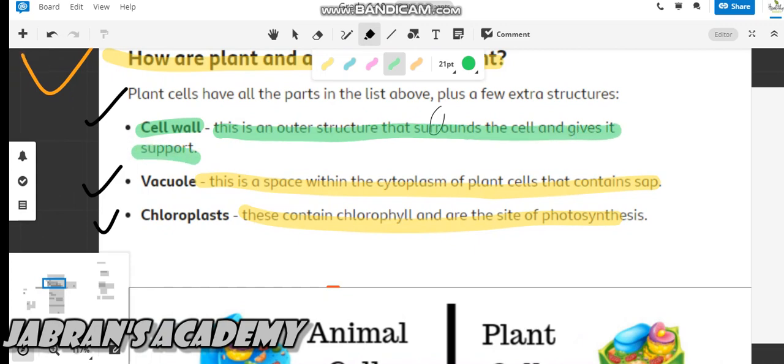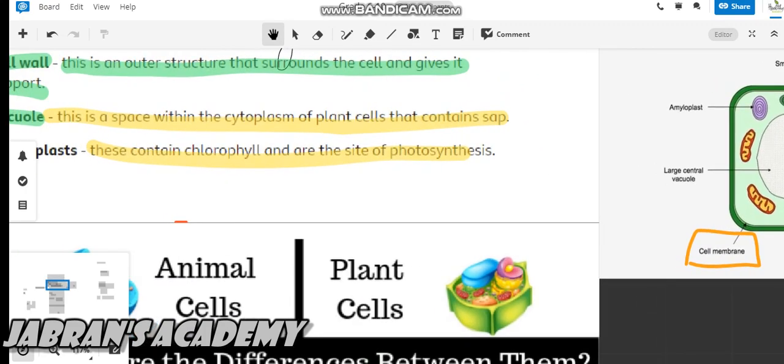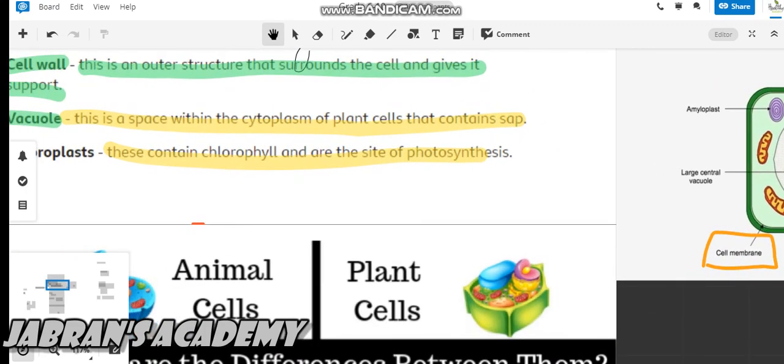Now we have to discuss the next thing that is present in the plant cell but not in the animal cell. What is that? That is the vacuole. Now we have to discuss what the function of the vacuole is. Here, this is a space within the cytoplasm of the plant cell that contains sap.